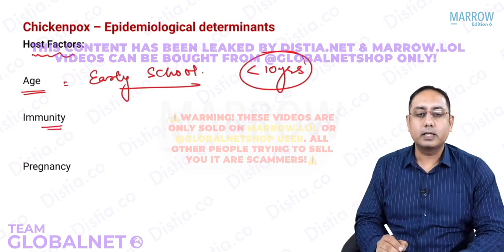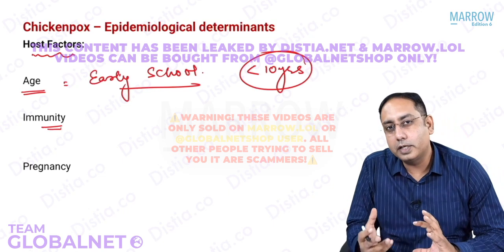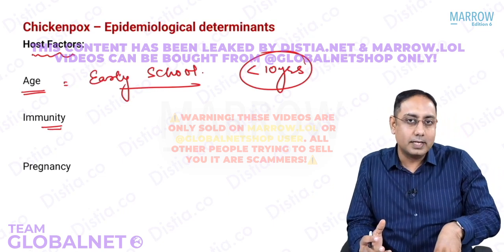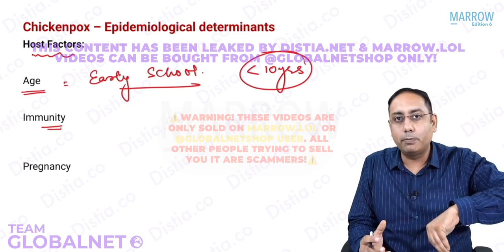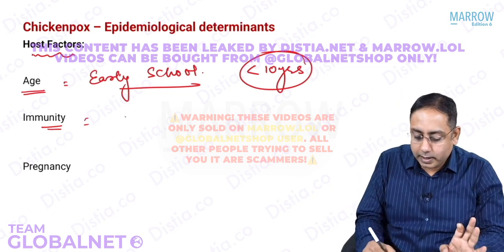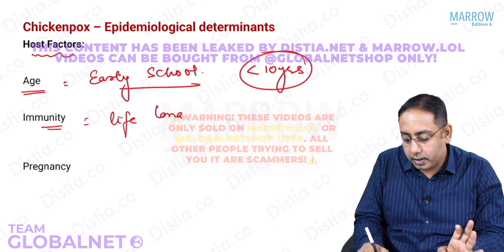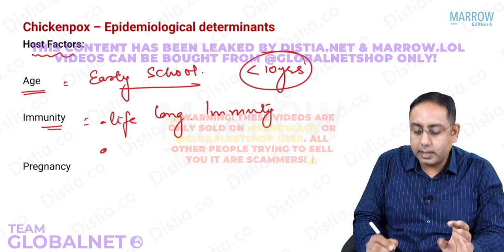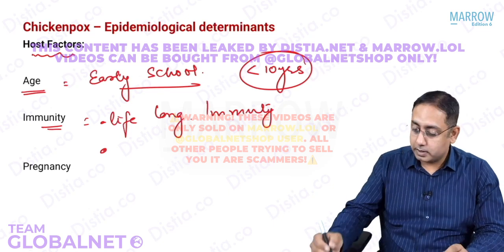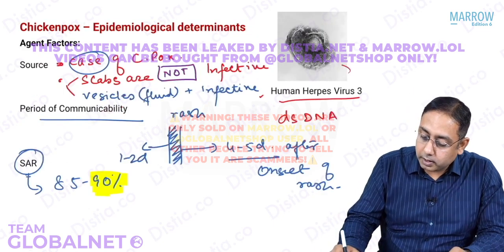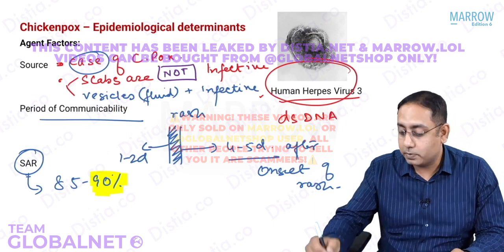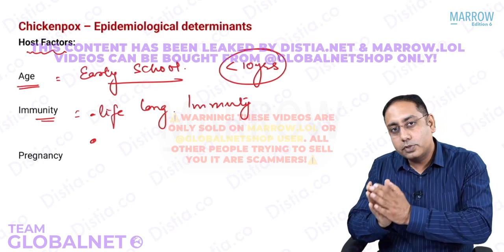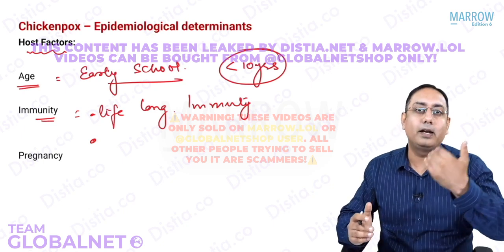Regarding immunity, that is an important thing to understand. If a child gets chickenpox, can the child get chickenpox again? The answer is no. There is a lifelong immunity. But please note, you must already know that in chickenpox the virus, human herpes virus number 3, loves to stay in the nerve cells, and there may be reactivation.